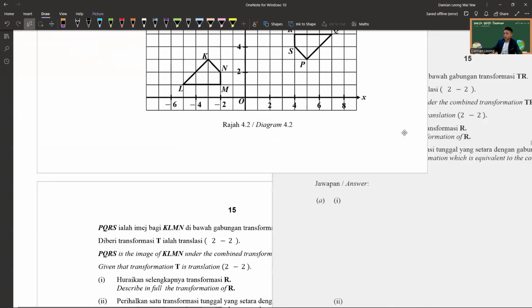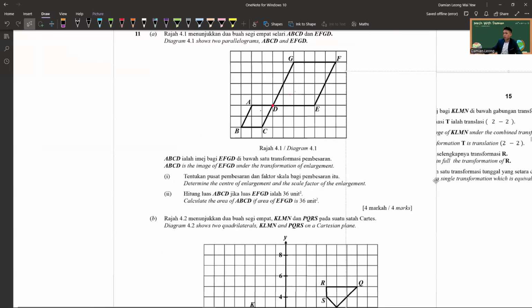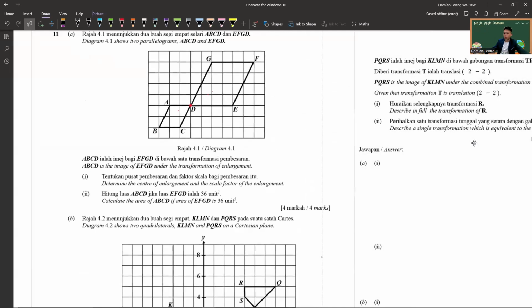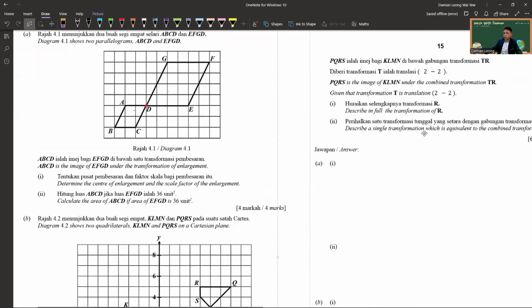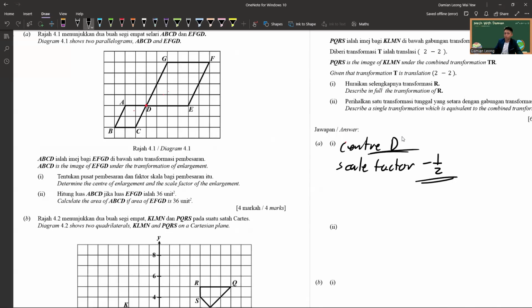So put here, easier to see. So we have center D. Scale factor, -half.